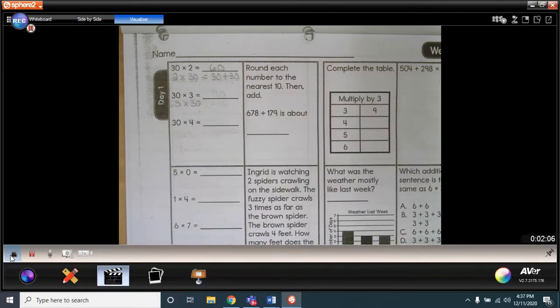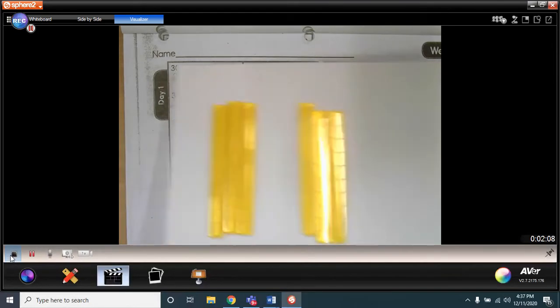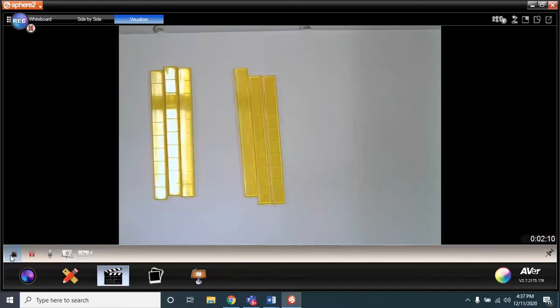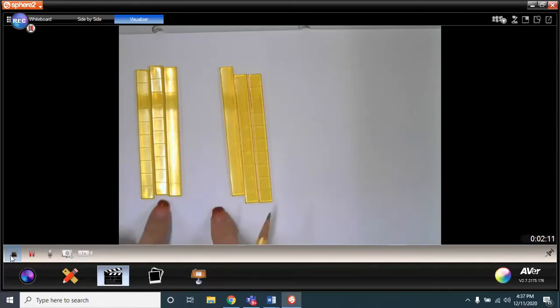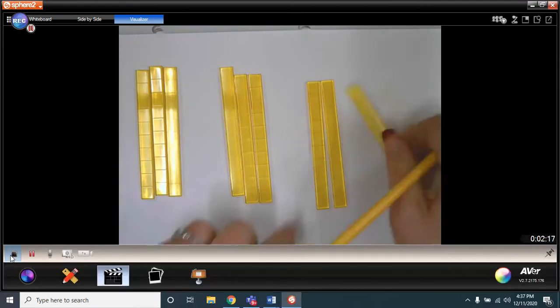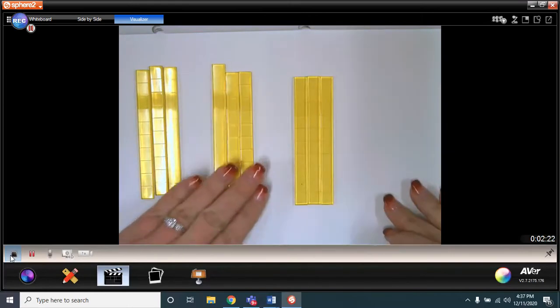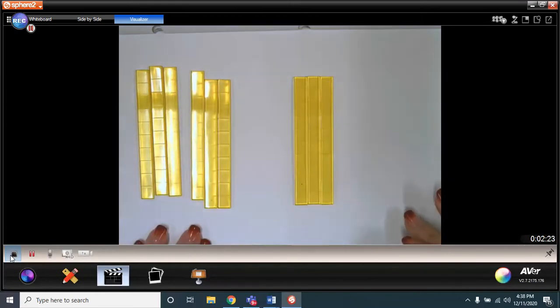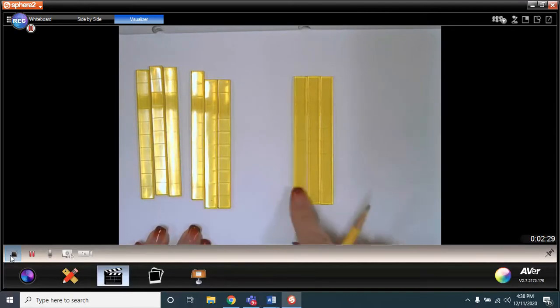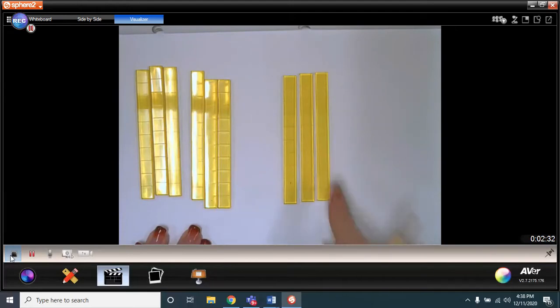So now I can take, using what I understand about the distributive property, and I know that 2 groups of 30 is going to give me 60 because I already used that. And now I'm going to take and add another group of 30. So these 2 groups of 30 made 60, and now I'm going to add one more group of 30, and that's going to give me 60, 70, 80, and 90.